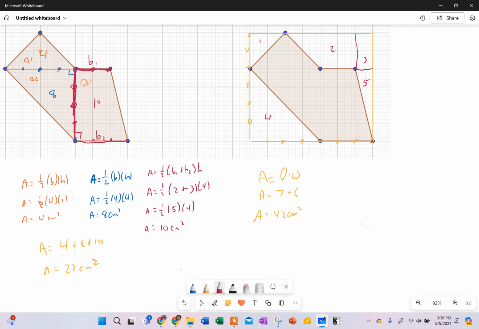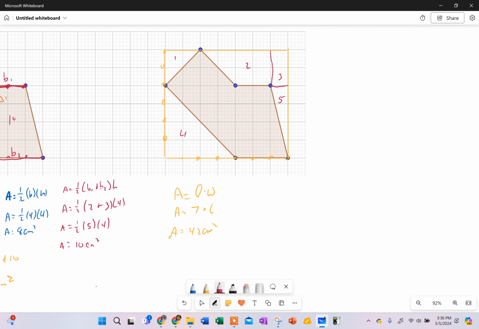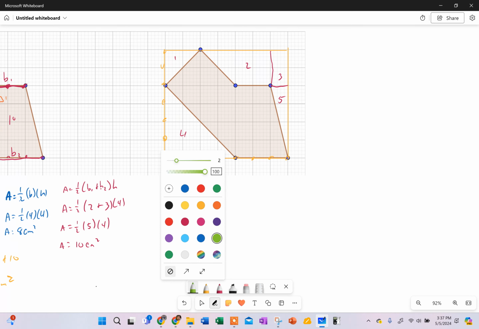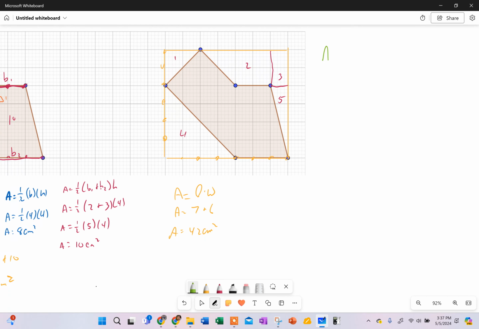Now you can see, once again, this doesn't seem very effective because I had to do a lot more, but we'll take a look anyway. So I'm going to do area equals 1/2. This is triangle 1. Base times height. This is going to be 1, 2, 1, 2. 2 times 2, which is 4, but half of 4 is 2, so it's 2 centimeters squared.